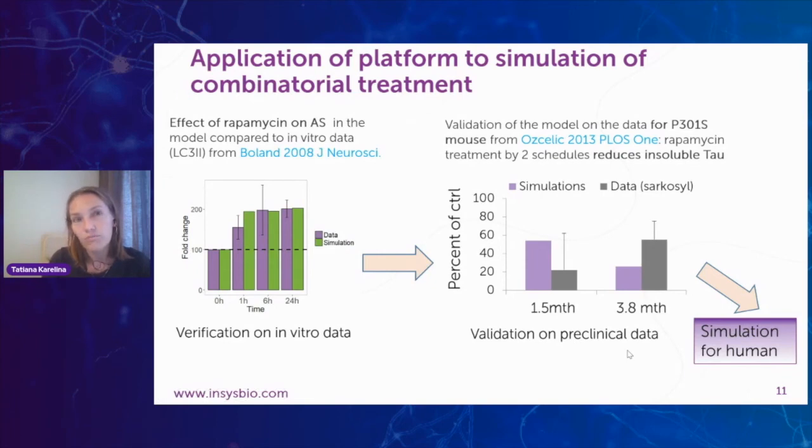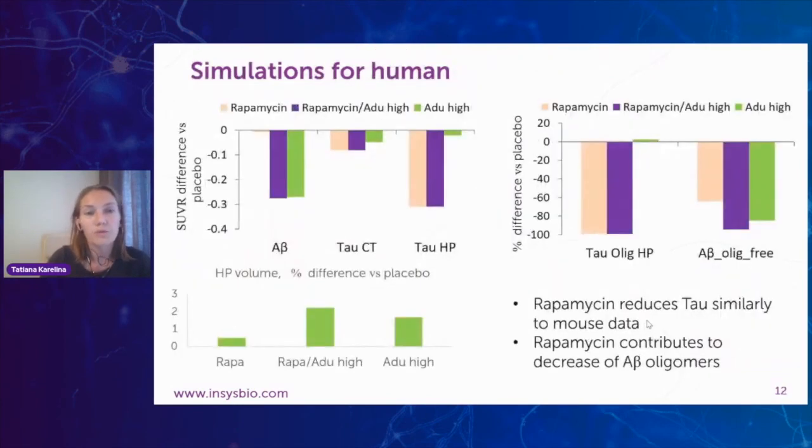And the model satisfactorily predicted a reduction of insoluble tau by rapamycin treatment for 2 dosing schedules that were applied in that data set. After this validation, we performed simulations for human separately for rapamycin or for rapamycin in combination with aducanumab and compared with results for aducanumab high dosing treatment.